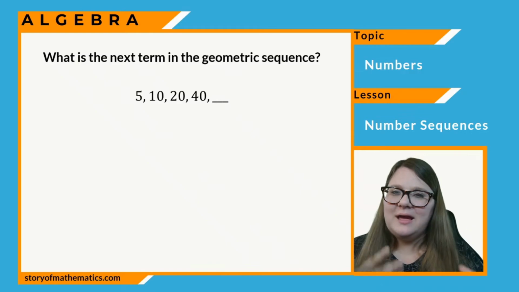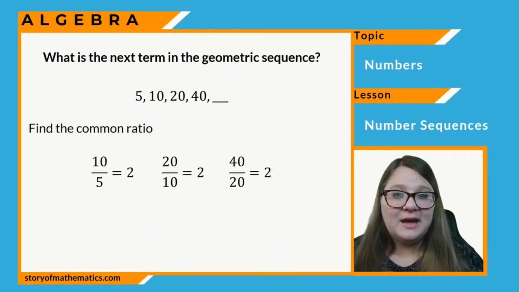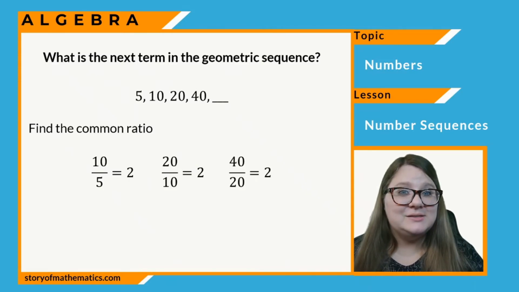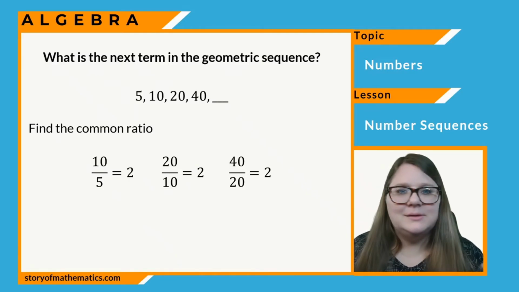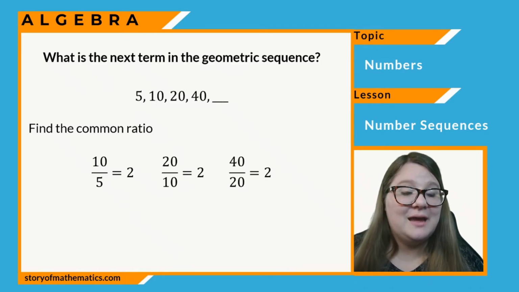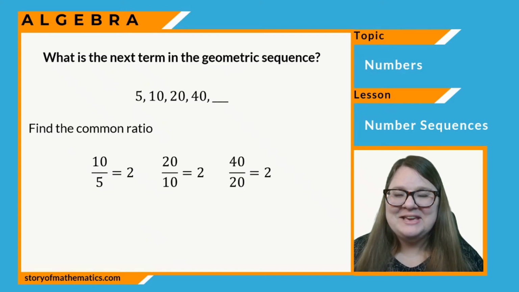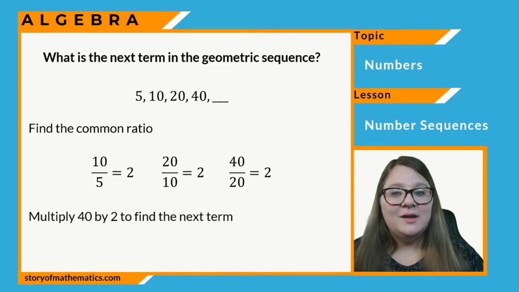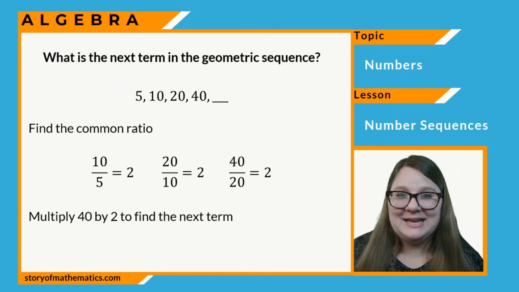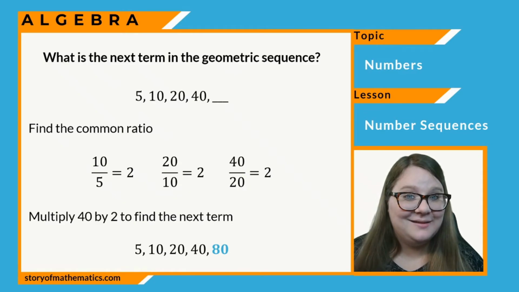When I do that, 10 divided by 5 is 2, 20 divided by 10 is 2, 40 divided by 20 is 2. So what I'm really doing here is multiplying by 2 each time. It's the same number every time. So my common ratio is 2, which means I need to multiply the 40 at the end of my sequence by 2 to find the next term, which will be 80.